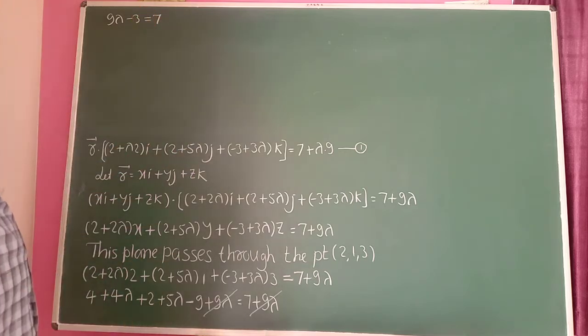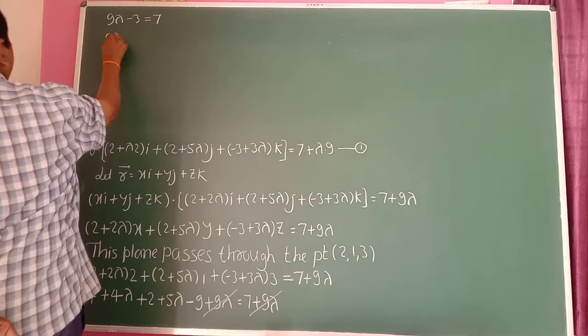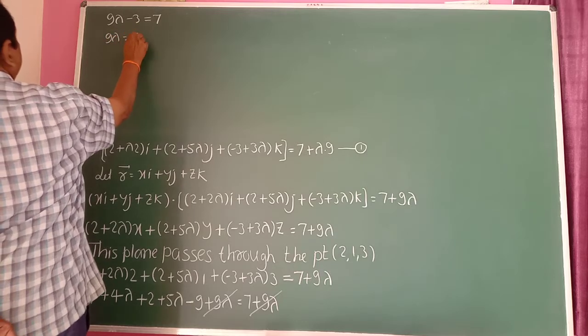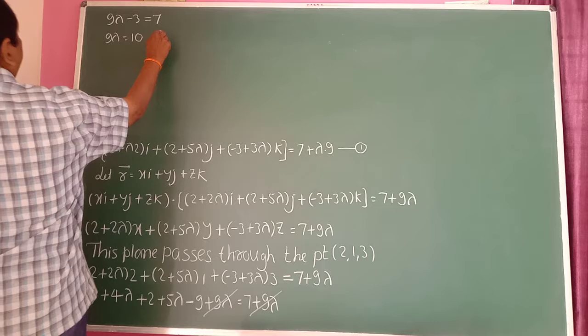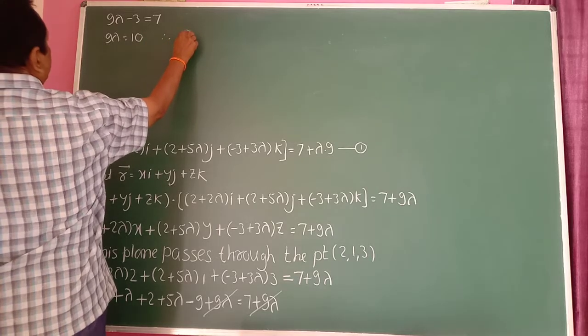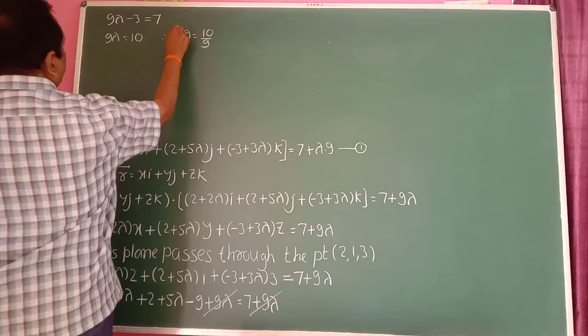Take the minus 3 to the right hand side here. So 9 lambda is equal to 7 plus 3, which becomes 10. Then take the 9 to the right hand side. Therefore, lambda is equal to 10 divided by 9 here.